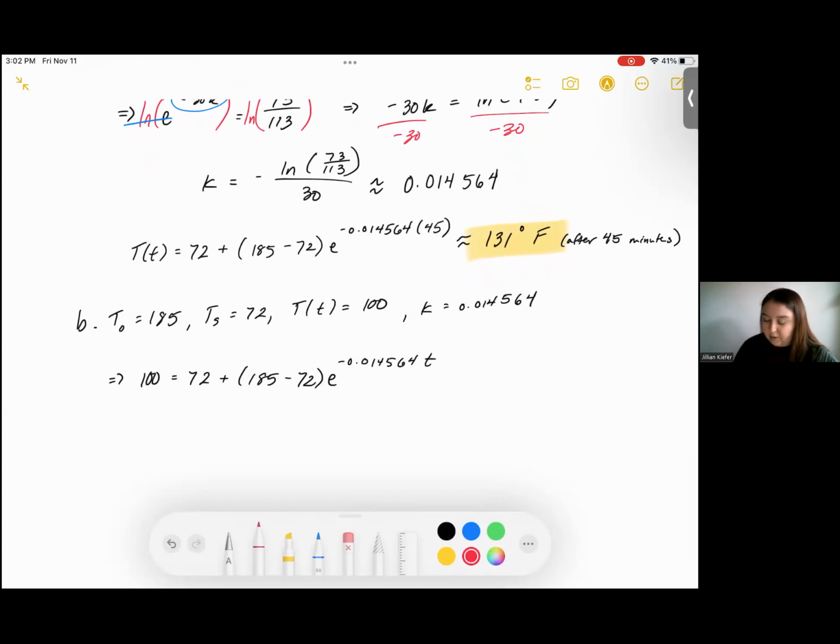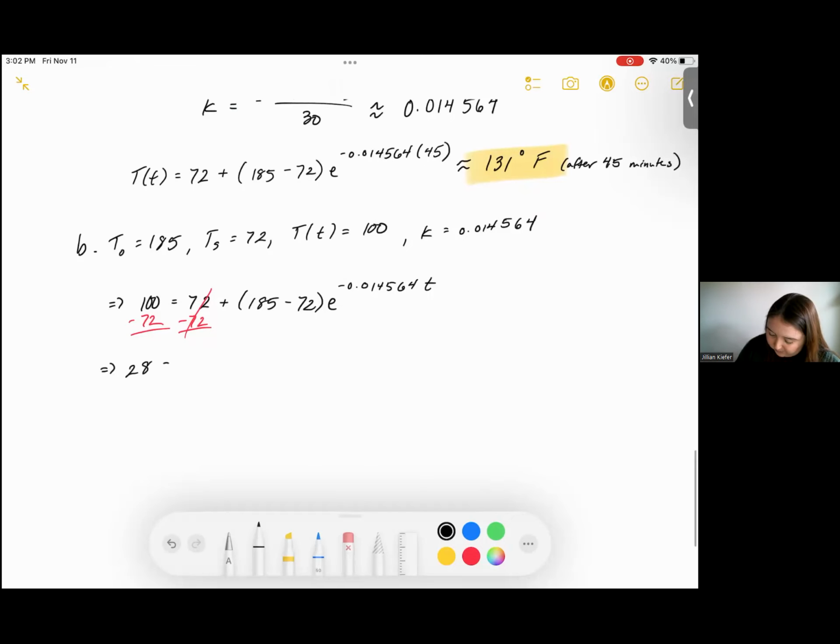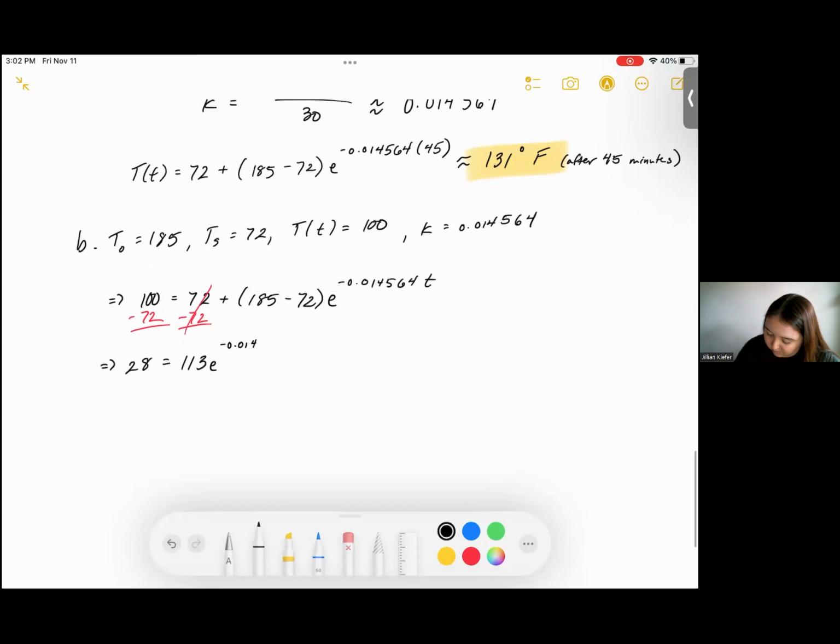We want to simplify this as much as possible. Starting off, we can get rid of that 72 by subtracting it from both sides. Then we get 100 minus 72 is 28. And 185 minus 72 is 113 times e to the power of negative 0.014564 t.